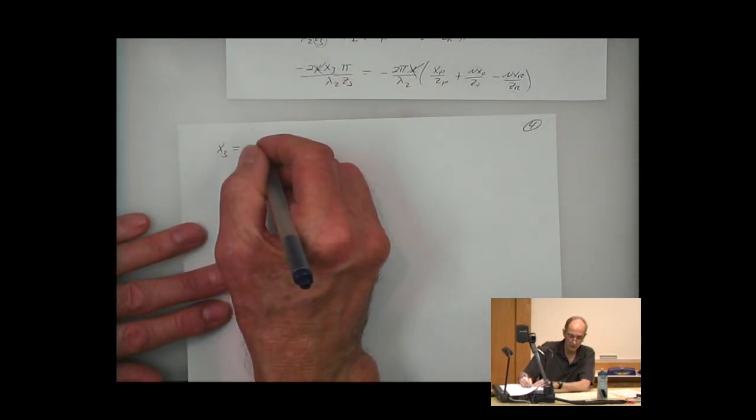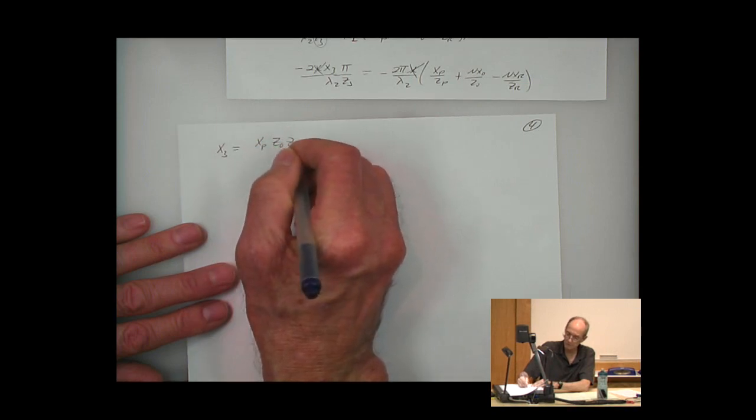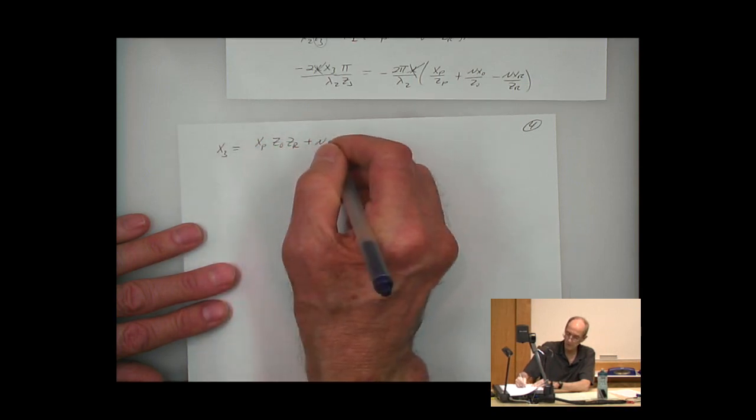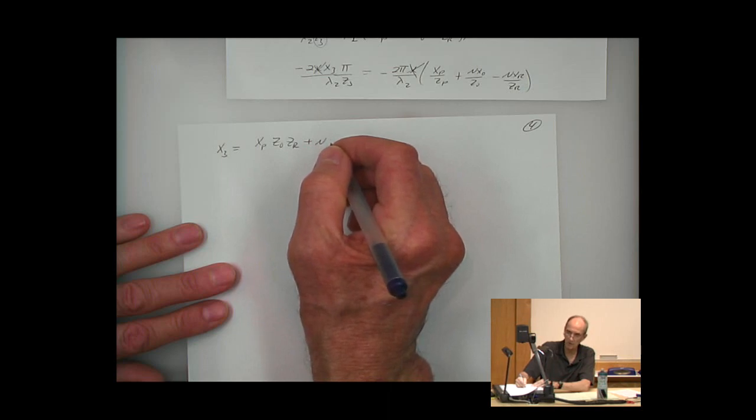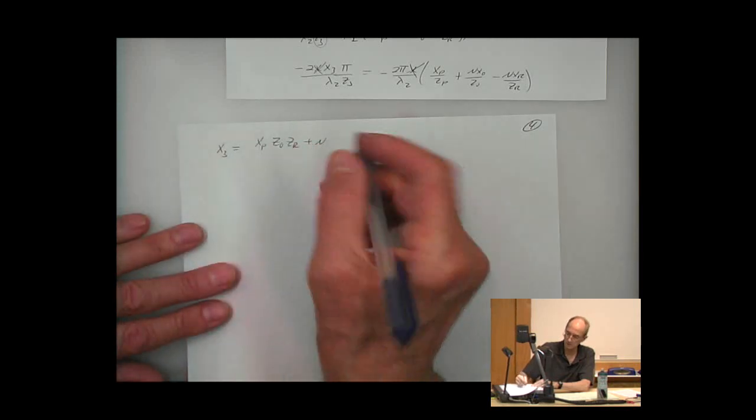Again, there is some algebra here, but anyhow, x3 is xp zo zr plus mu xo zp zr minus mu xr zp zo, over zo zr plus mu zp zr minus mu zp zo. Again, mu is lambda 2 over lambda 1, so we can have different wavelengths between the construction and reconstruction phase.